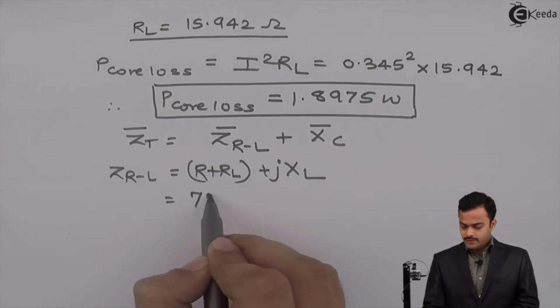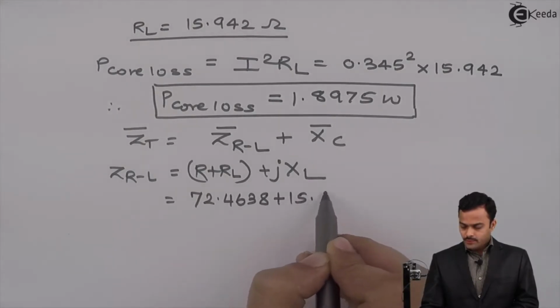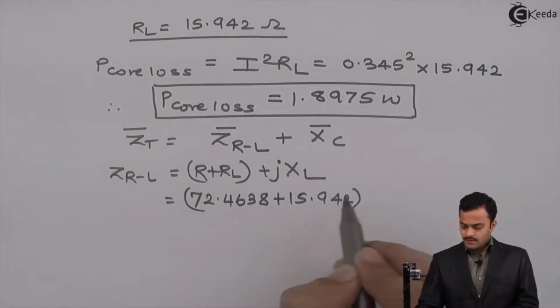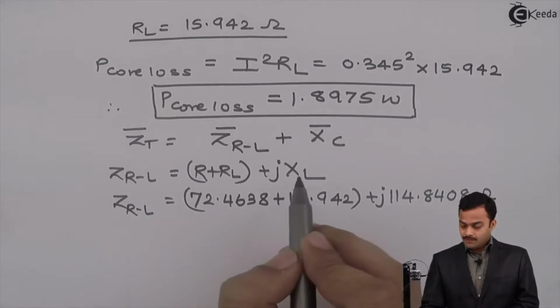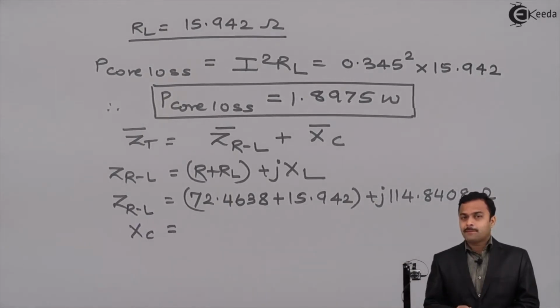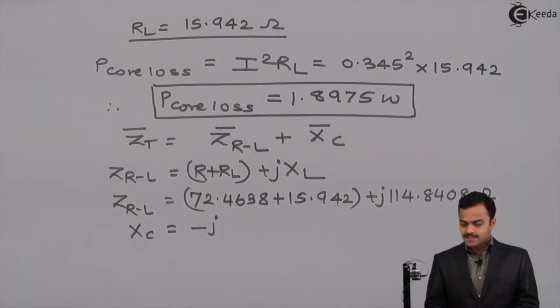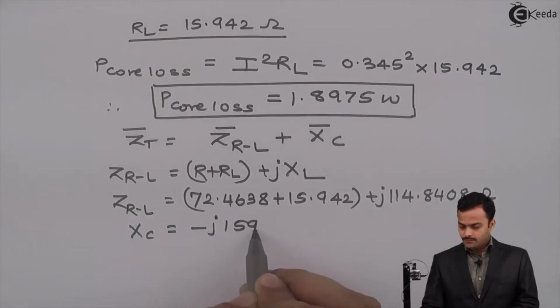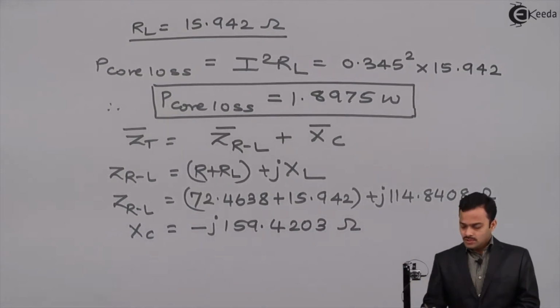So R value is 72.4638, RL is 15.942, plus JXL is 114.8408, and XC, see, it's a pure capacitance, so minus J, and XC we have calculated as 159.4203 ohm.